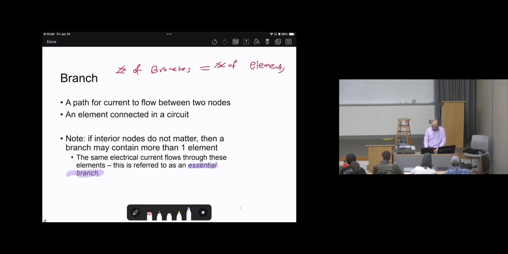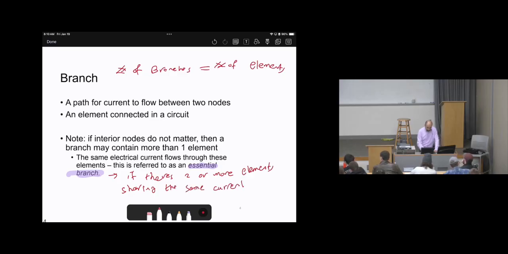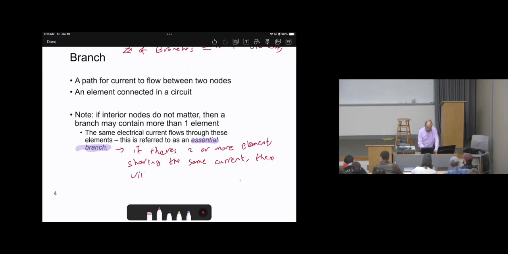Essential branch means if there are two or more elements sharing the same current, they will be counted as one essential branch, shortcut EB.